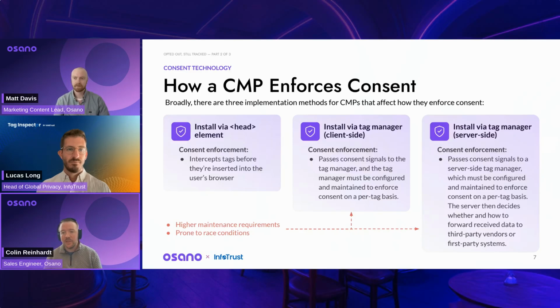It's only displaying consent, but it's not enforcing it. And those are 2 entirely different outcomes. So ensuring that you have the appropriate method of implementation and deployment really can help ensure that you are enforcing that consent, which is the most important portion.